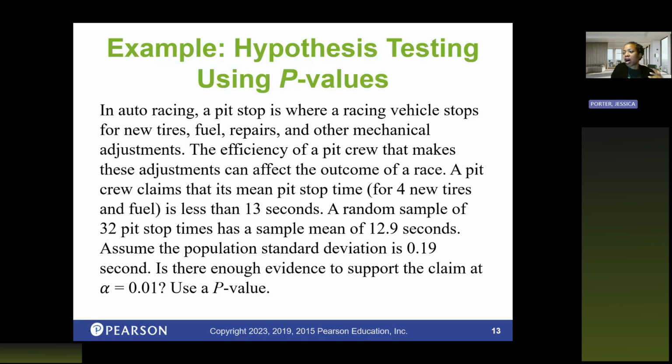We're going to start from the top. What is the null and alternative hypothesis, and which one is the claim? They kind of give it to us here, right?